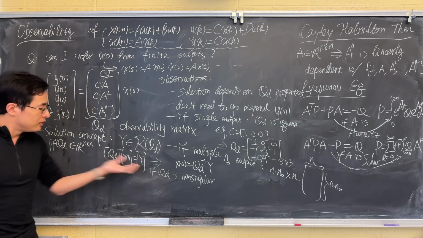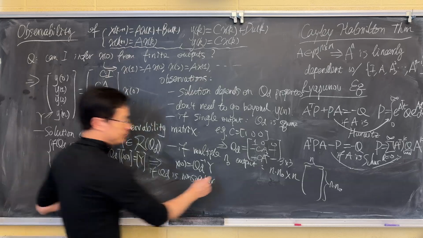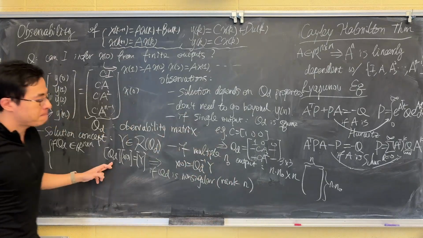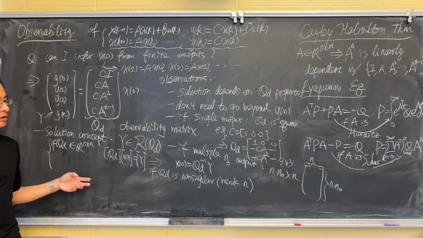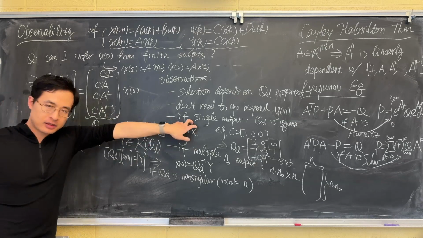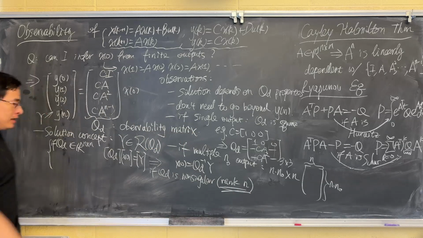In other words, we need QD to have rank n, to be invertible or non-singular. This is the rank n condition we arrive at for a single output.